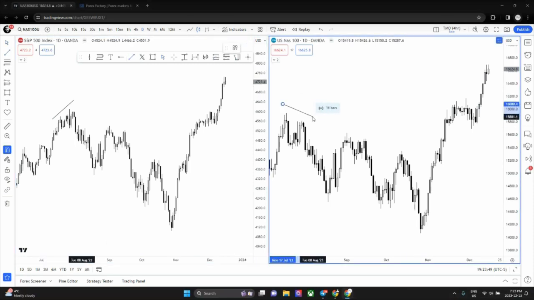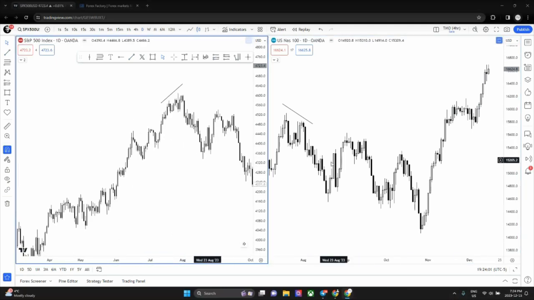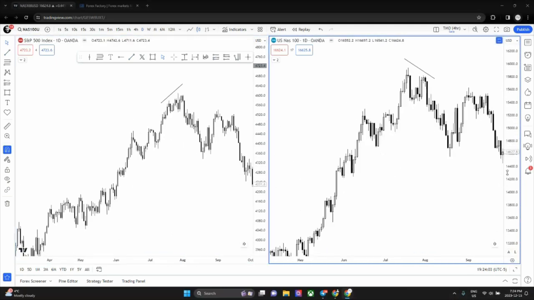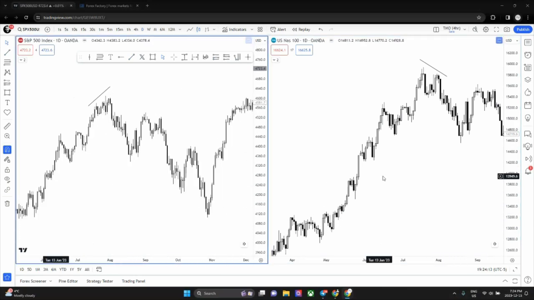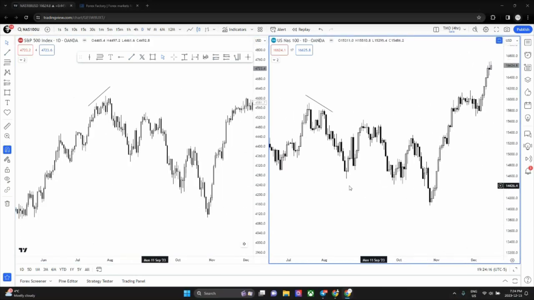So we had SMT right here, where we had the S&P 500 make a higher high, Nasdaq failed to make a higher high, made a lower low, right? And this happened after a quarterly shift that took place down here. You can go back in and use what I'll show you there to see it.